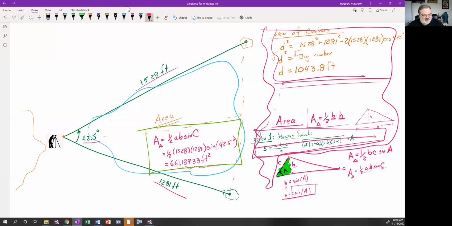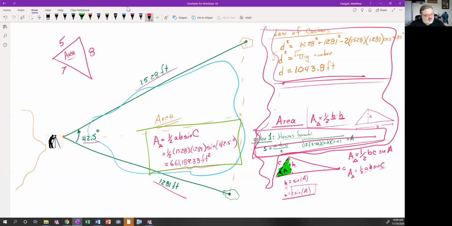So it is one of those, which tool is going to be more efficient? And as I said before, even if you're given just the lengths, if somebody said, hey, that's 5, that's 8, and that's 7, find this thing's area. Okay, Heron's formula is a great formula. Use Heron's formula for that.